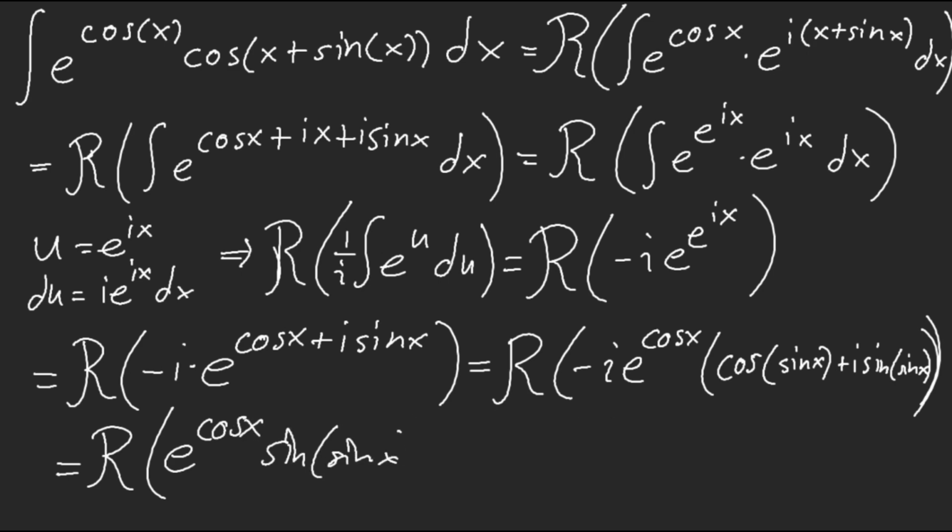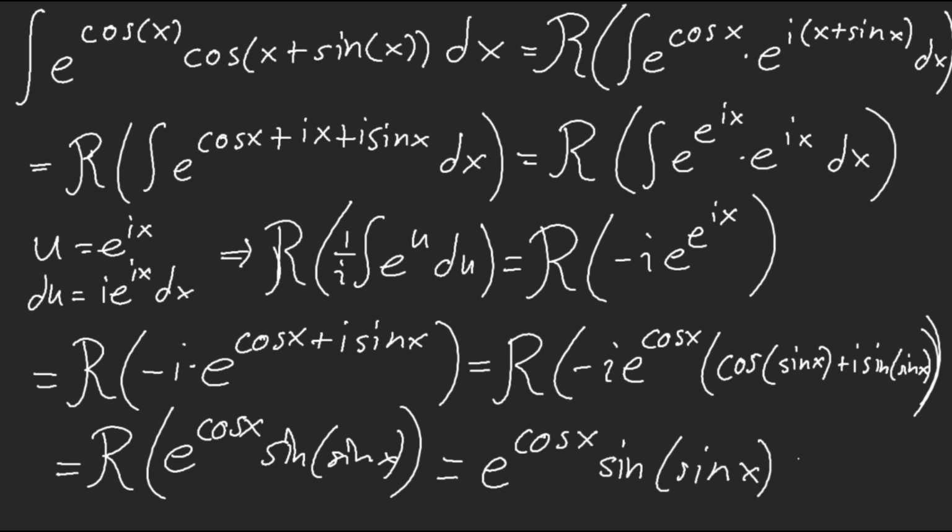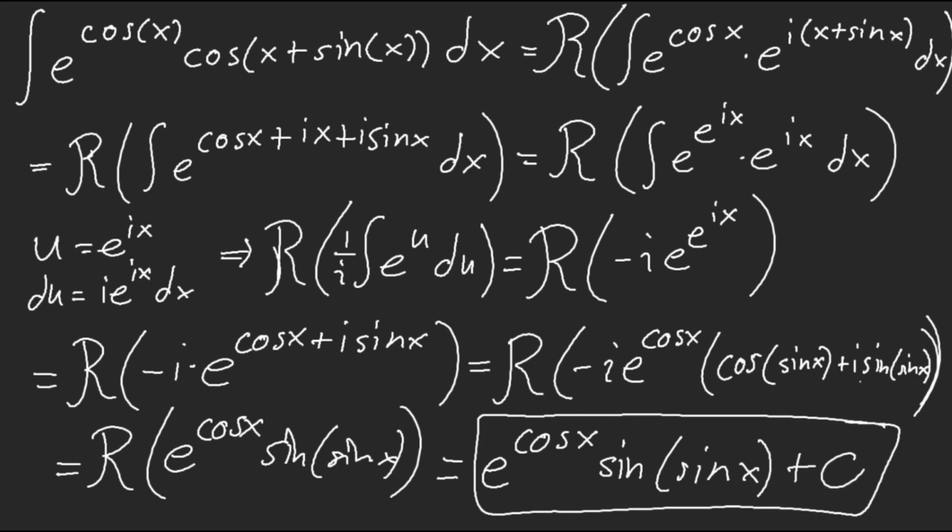Yep. So our answer is e to the power of cosine of x, sine of sine of x, plus c. And this is our answer. Okay, very tricky manipulation, right? We literally had to complexify, and then this nicely turned out to be e to the I of x.